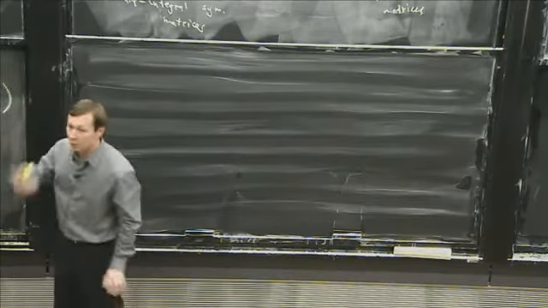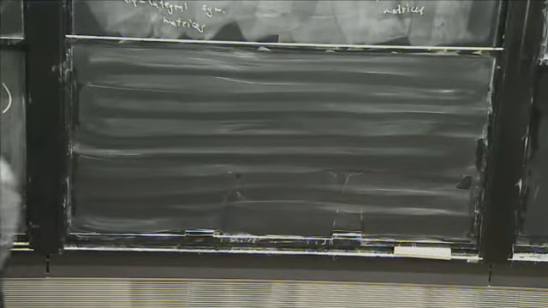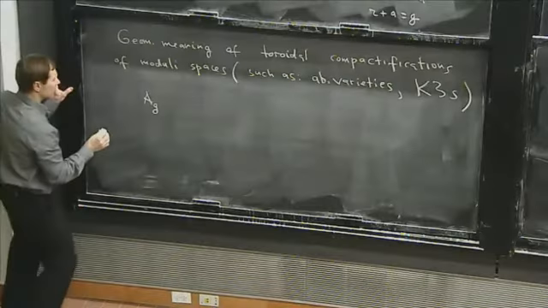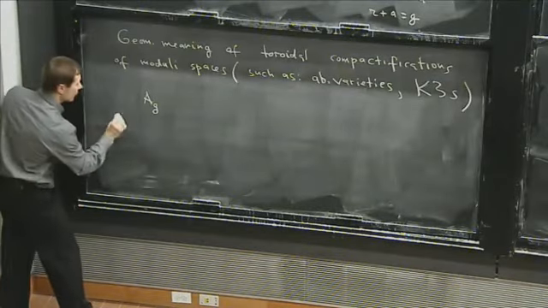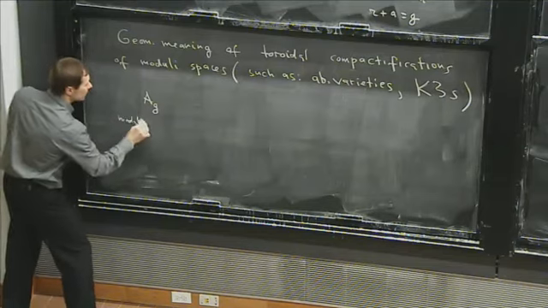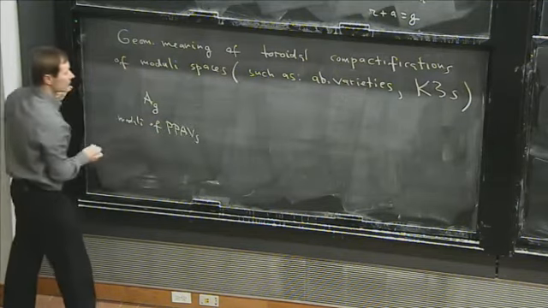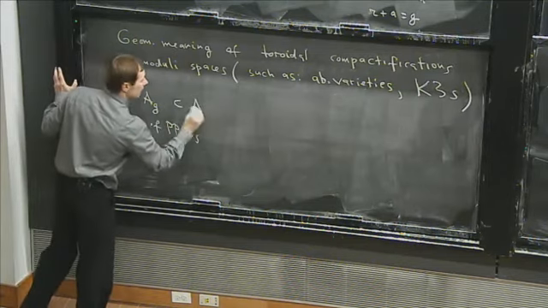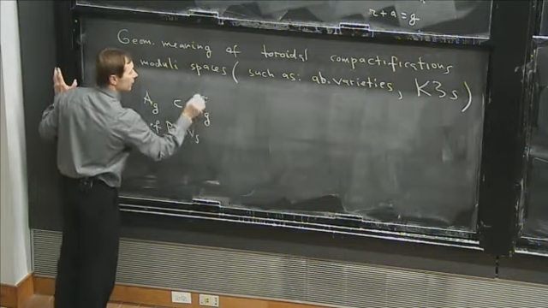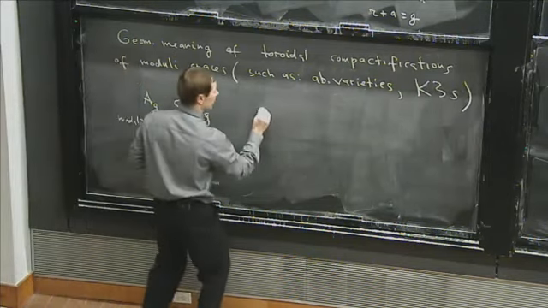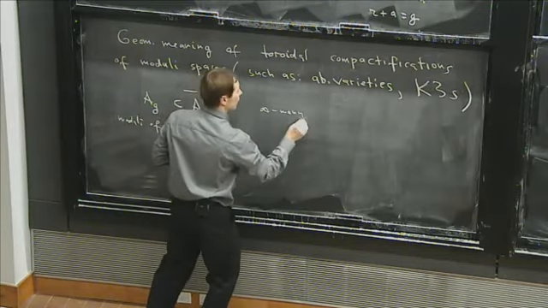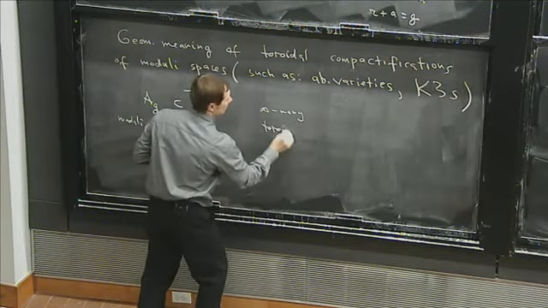Here's what I would like to talk about. Principally, I will talk about the moduli space A_g, the moduli space of principally polarized abelian varieties. And it has infinitely many toroidal compactifications.